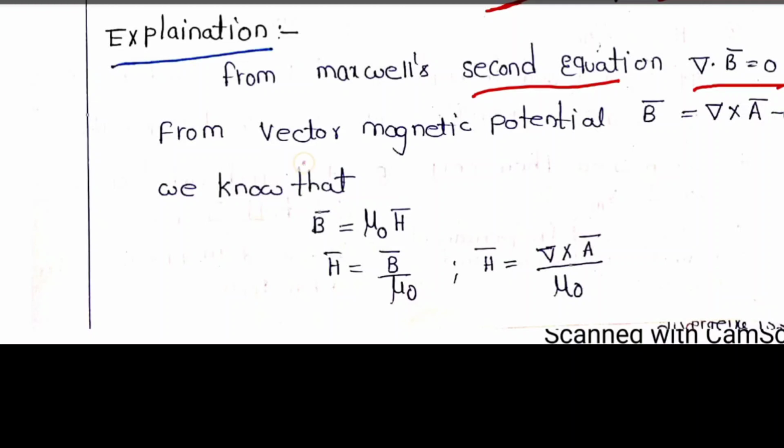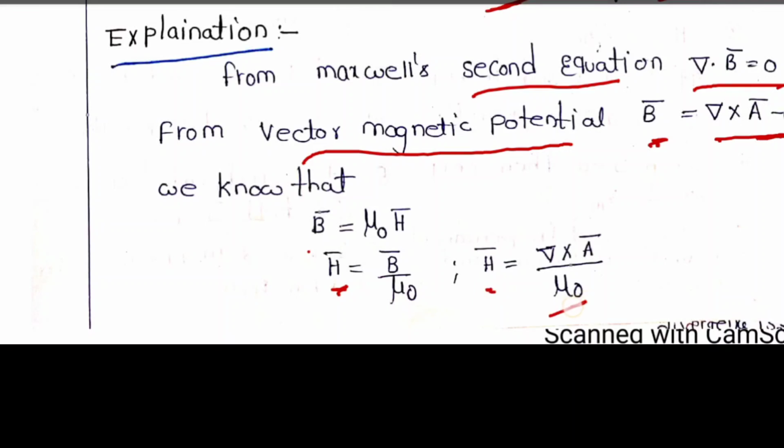From the vector magnetic potential, we know B equals del cross A. Already we made this equation 1. Del dot B equals 0 from Maxwell's equation, and B bar, the magnetic flux density, equals the curl of the vector magnetic potential. We know the relation between B and H: B equals mu H, so H bar equals B by mu naught. Therefore, H bar equals del cross A by mu naught.